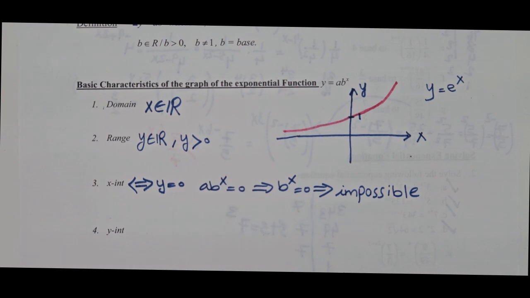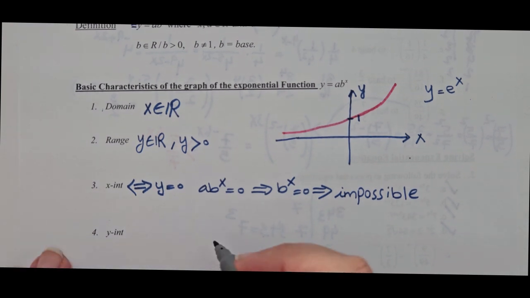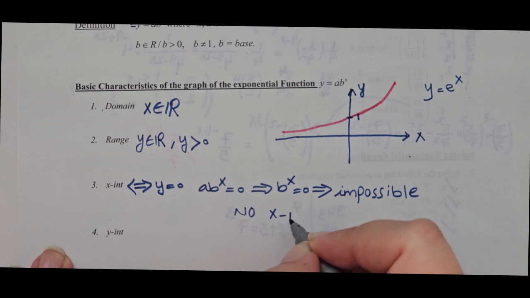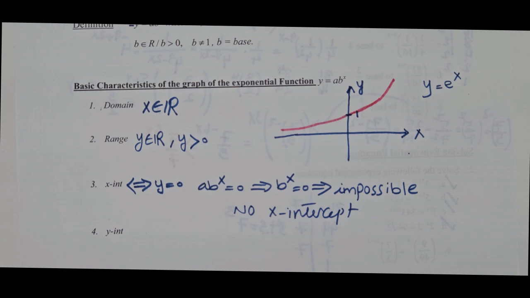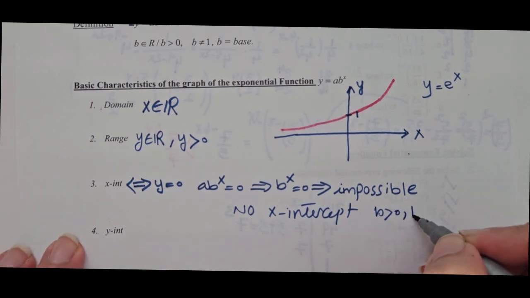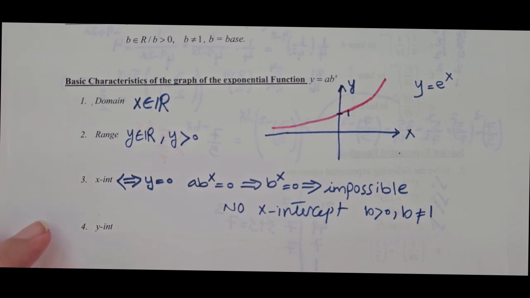So it means there is no x-intercept. Because if you remember, b is always greater than 0, and b is not equal to 1. Okay, so there is no x-intercept. If you find it difficult to remember, you can always graph the exponential function or have this exponential function in your mind. Then from there, you could easily see that there is no x-intercept.